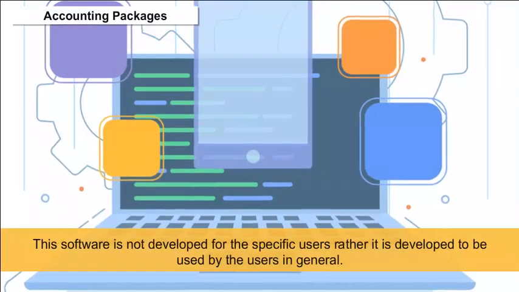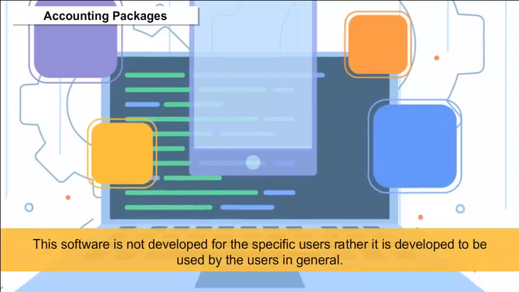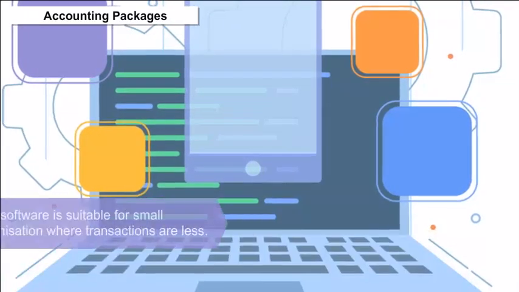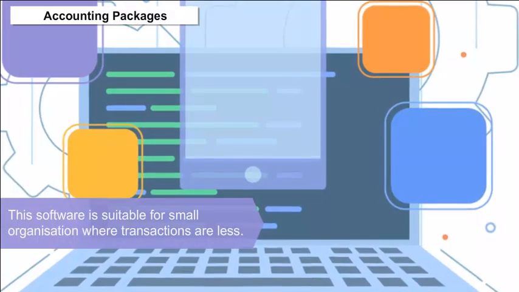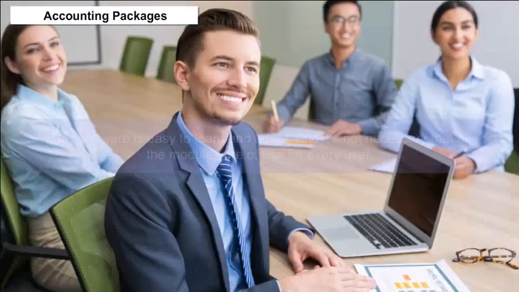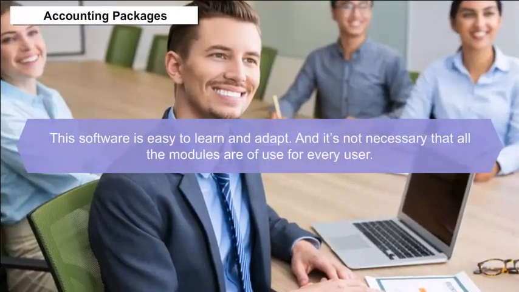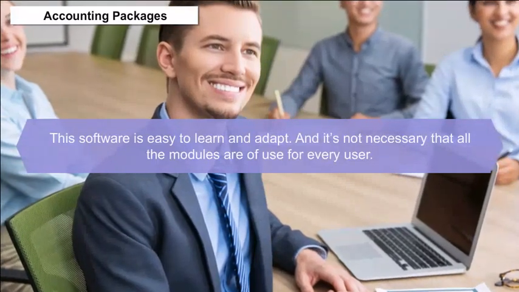This software is not developed for specific users. Rather, it is developed for use by users in general. This software is suitable for small organizations where transactions are less. It is easy to learn and adapt, and it's not necessary that all the modules are of use for every user.